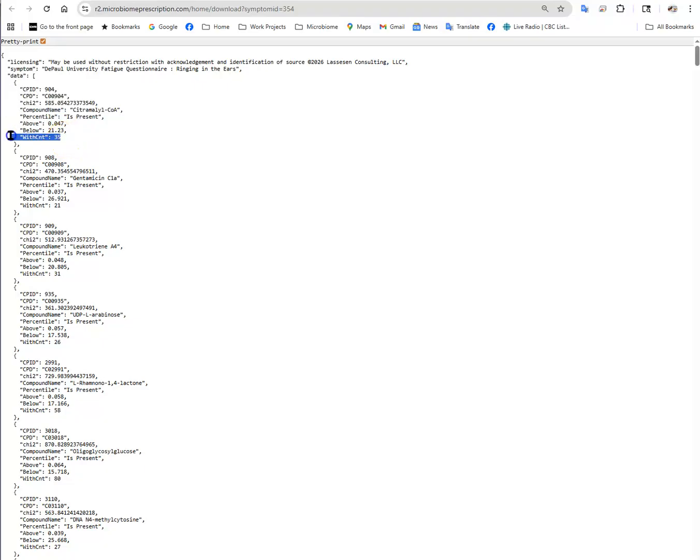and then we have how many people in our uploaded sample have both the metabolite and the symptom. So in some cases it's high for one, like down here we have 80, other cases it's low, and I leave it to your statistician to determine which ones are, quote, significant enough for your purposes, because that is a subjective value.